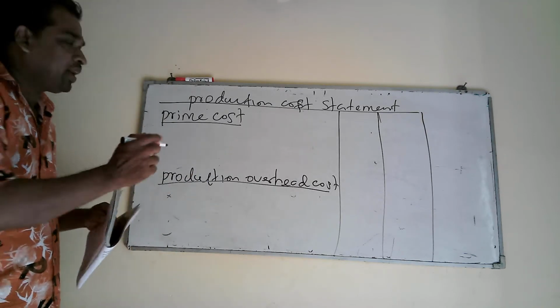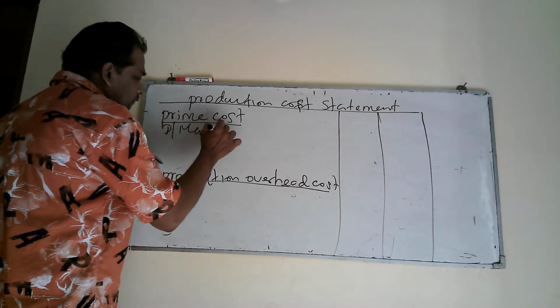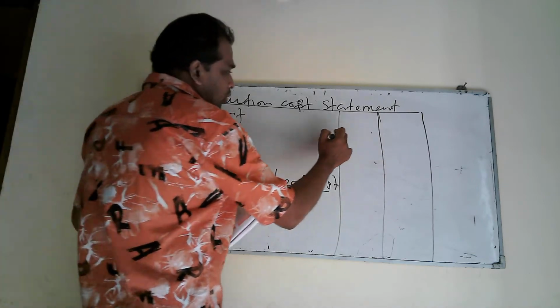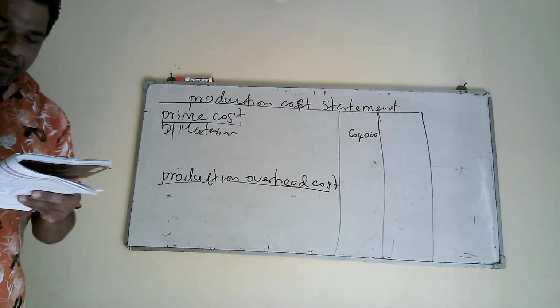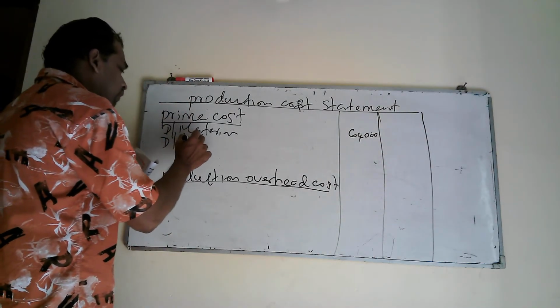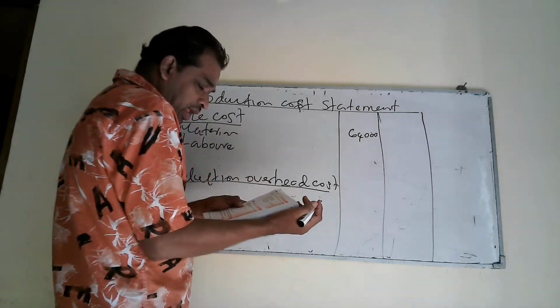Materials purchase, it comes under direct material, 64,000 is given. Salaries of the machine operator, it comes under direct labor, that is 20,000.